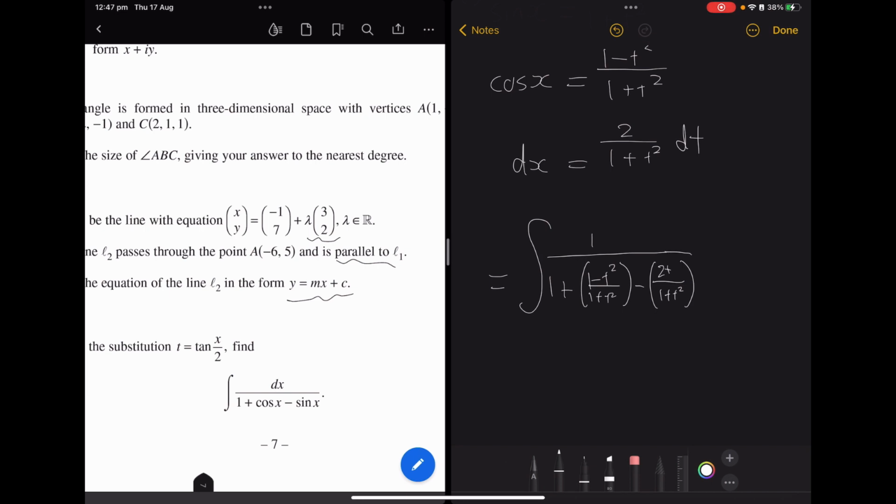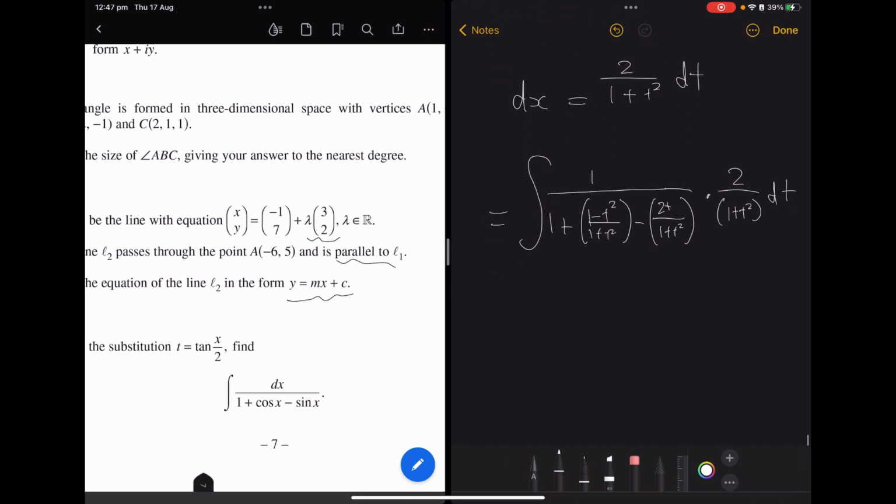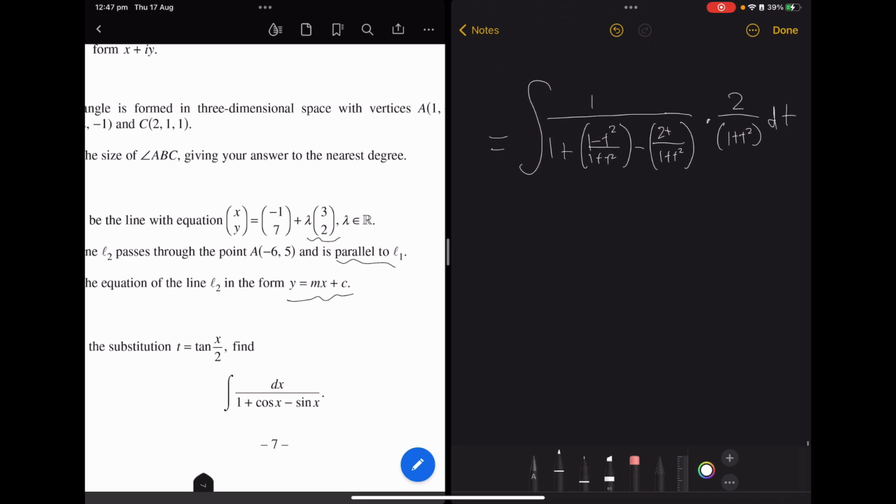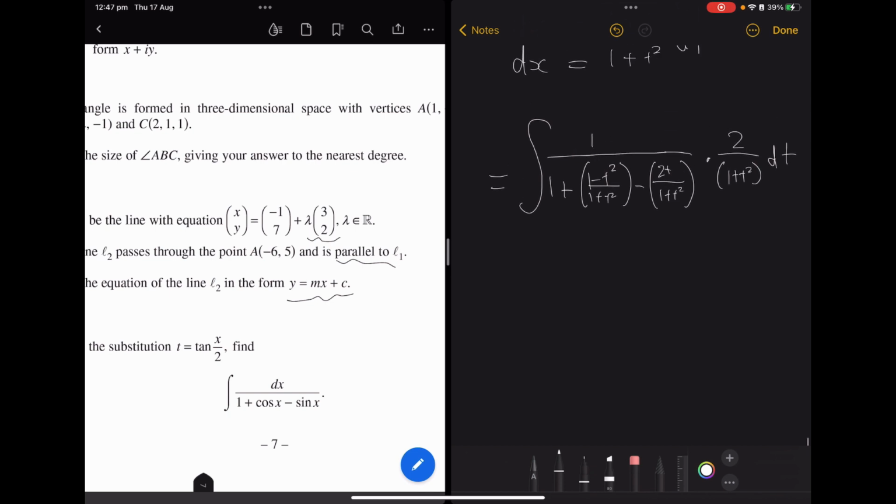So dx is replaced with, like I said before, 2/(1 + t²) dt. It's a bit of a long one, but overall it isn't too bad.